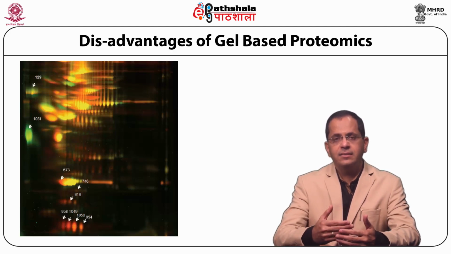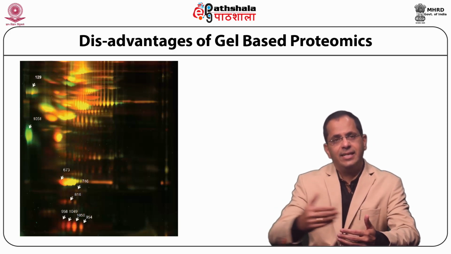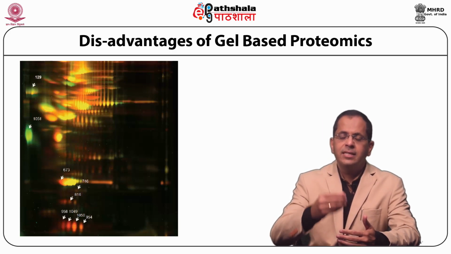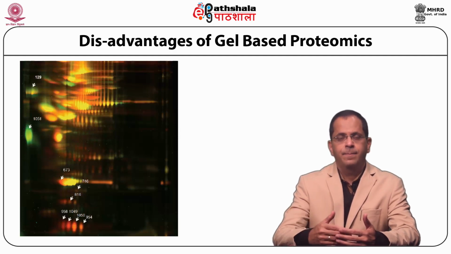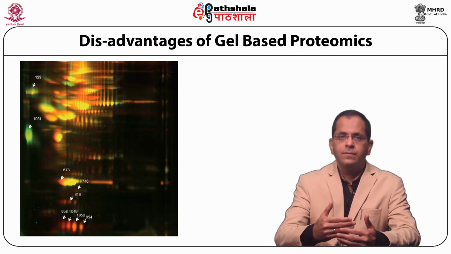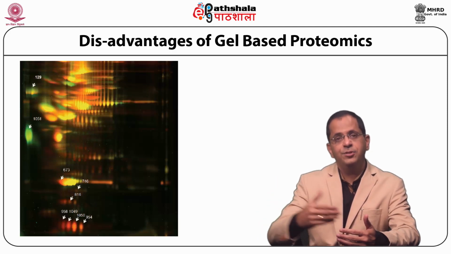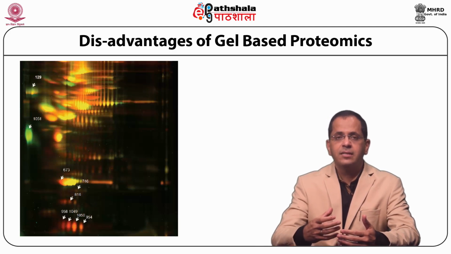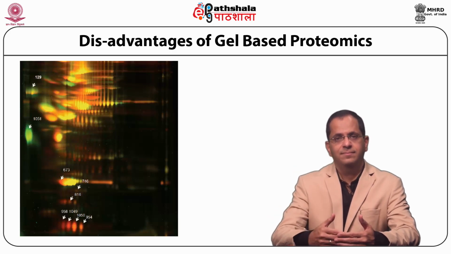There are difficulties pertaining to automation of the gel-based techniques. Co-migration of proteins in a single spot makes quantification inaccurate. Interference of non-protein substances affects gel resolution. And finally, gel-based proteomics is not suitable for a large number of samples.